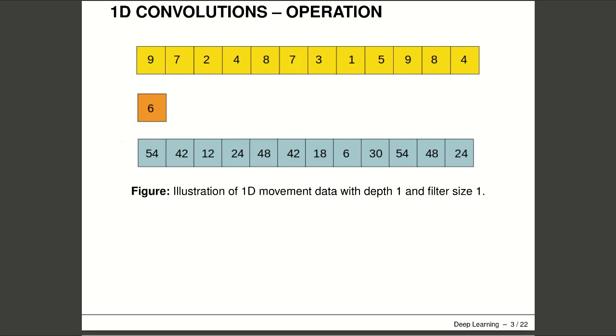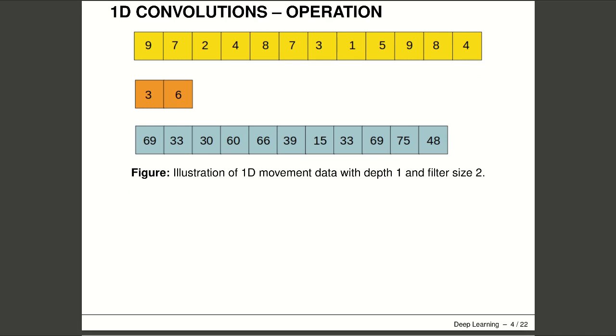To create the first entry of our feature map, we multiply 9 times 6, which is 54, and then go over the input array. For the last one, for example, it is 6 times 4, which is 24, and this is the last entry of our feature map. Here our step size is equal to 1.